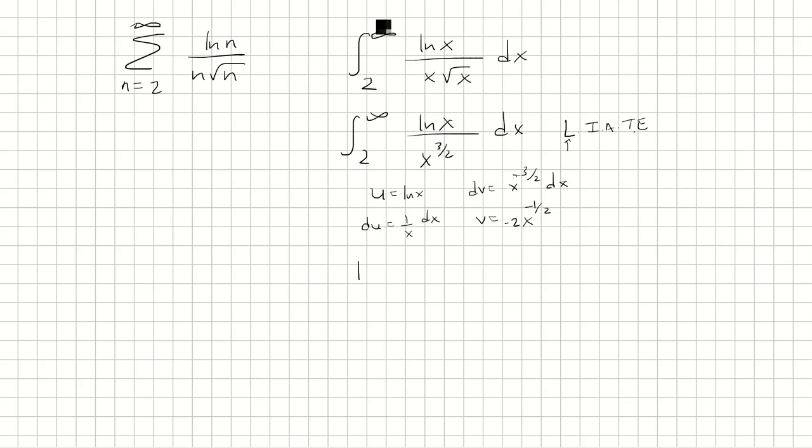And now we're going to multiply u times v, minus the integral of v du.